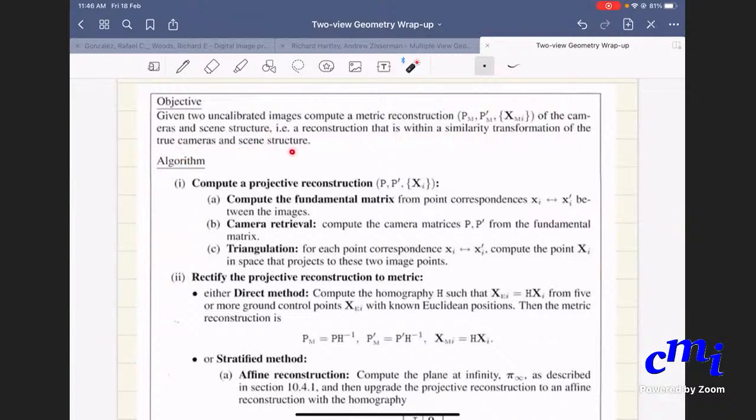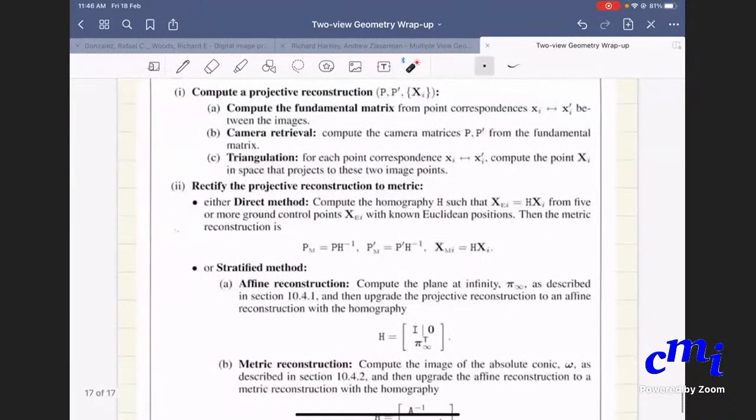There is no projective transformation. If you are given one piece of additional information, the scale of the scene, you should be able to tell all the other metric properties of the scene.